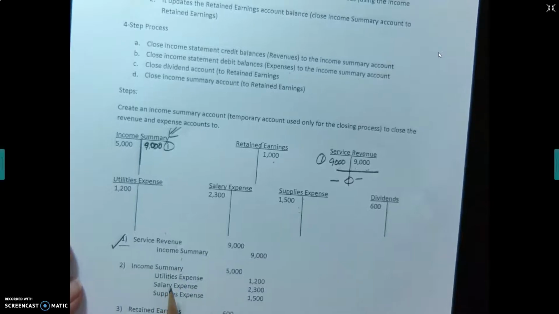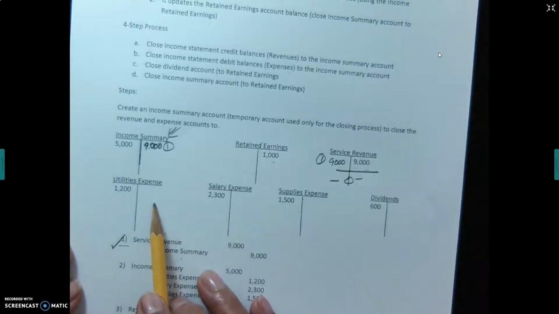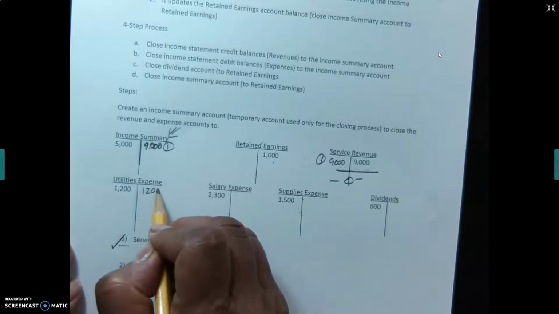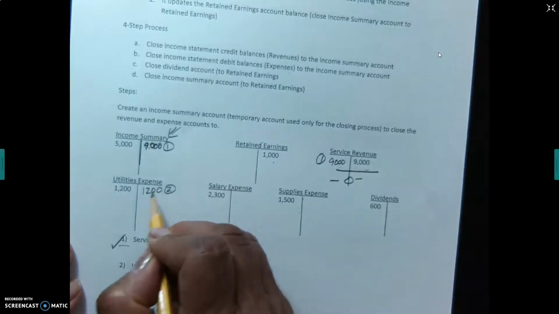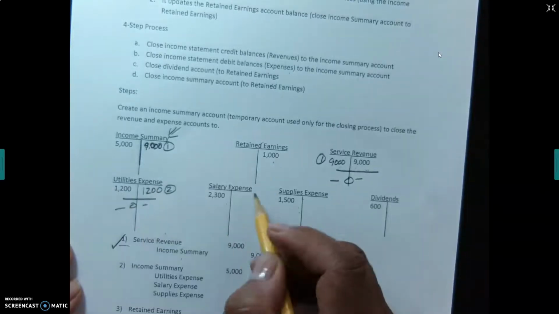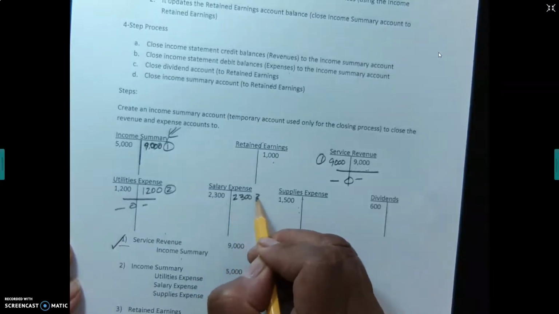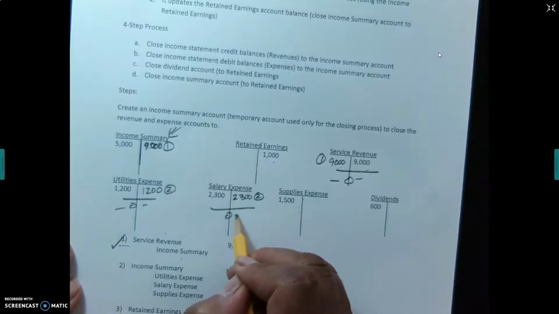Journal entry number 2 is closing the expenses. So what we have to do is we look at our expense accounts, and they all have debit balances. So to make them 0, we need to credit. So we will credit the utilities expense for $1,200. It's now 0. We will credit salary expense with $2,300, and it's now 0.